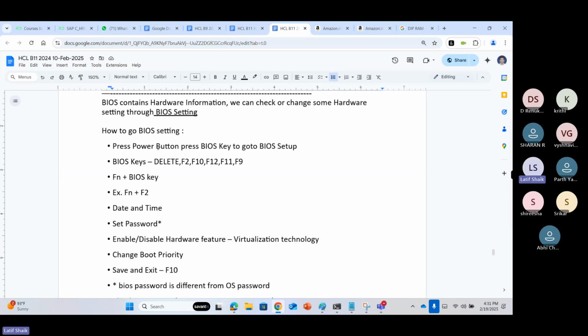So that password is not your operating system password. You can change boot priorities. You can enable or disable hardware related features. Once everything is completed, save and exit also.